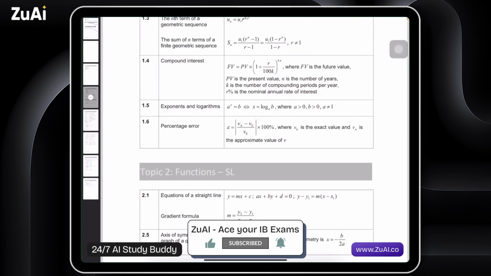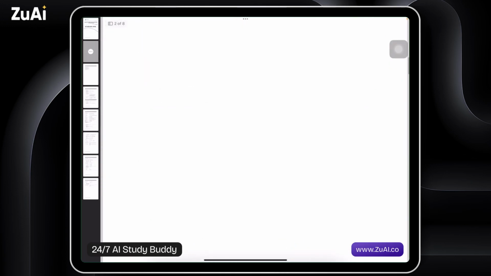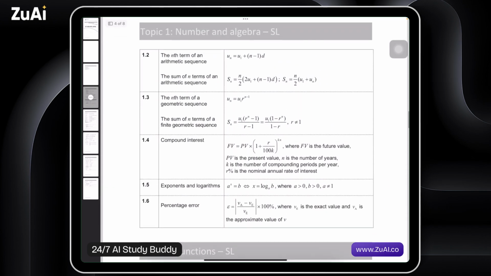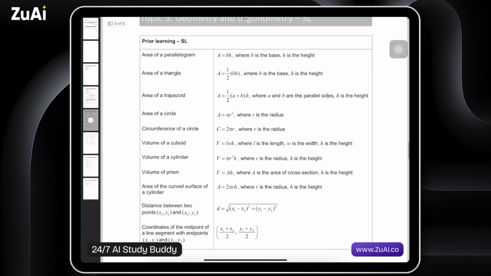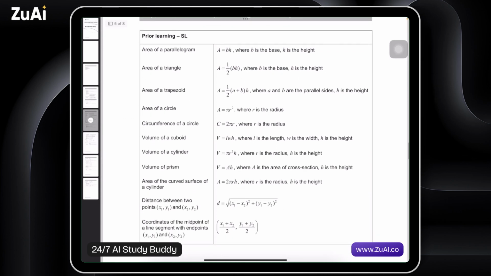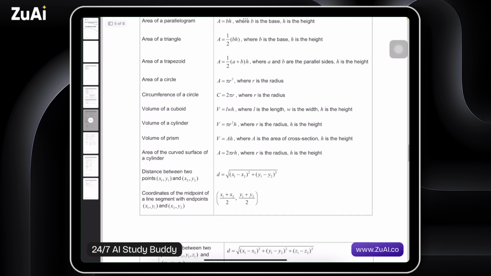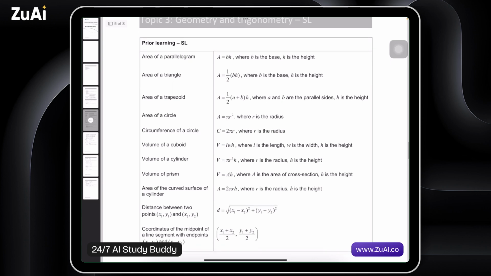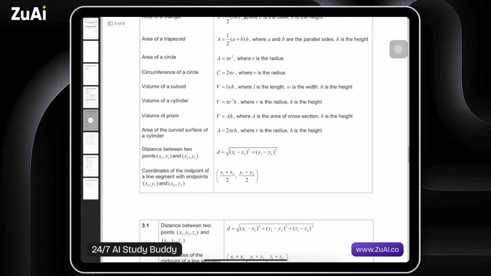Let's go ahead to geometry. This is actually the new standard level formula booklet, as opposed to the standard higher level. It's condensed, I suppose. Okay, so what are we looking for here? We are looking for the volume of a pyramid. Let's see. Volume of a prism.